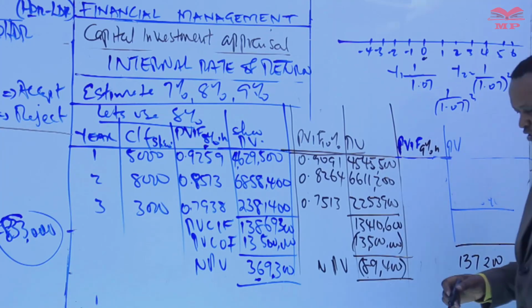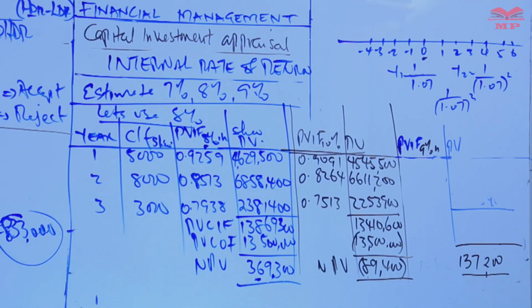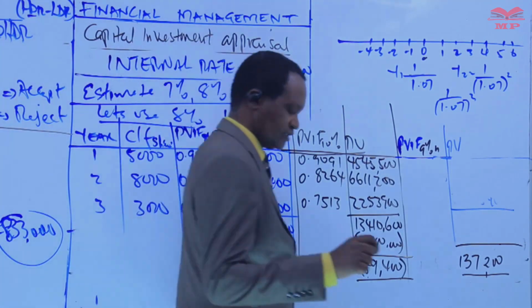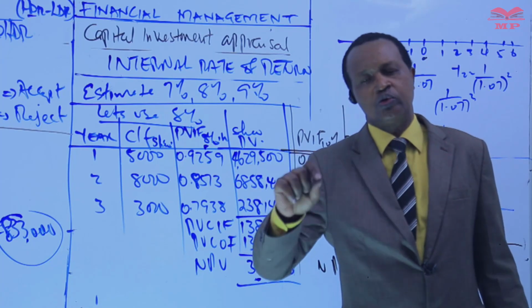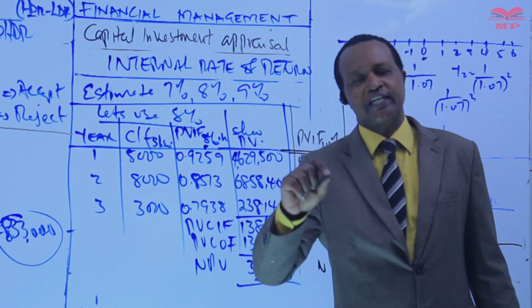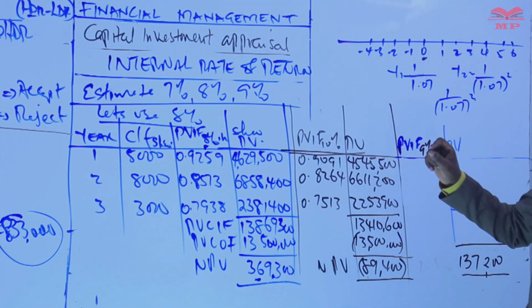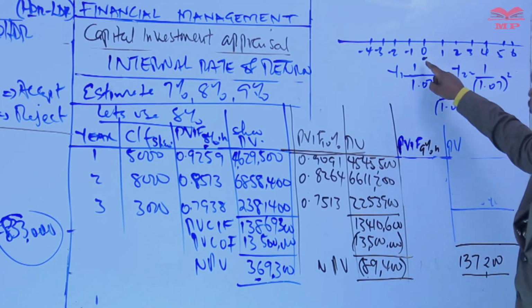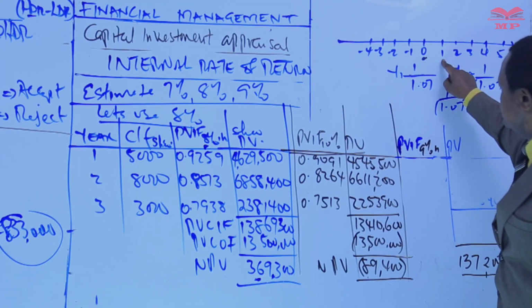I don't know if you are understanding the concept here, candidates. Trial and error. We need two NPVs computed at two different costs of capital or discounting rates, and the two NPVs must be close to 0: one negative close to 0, another positive close to 0.